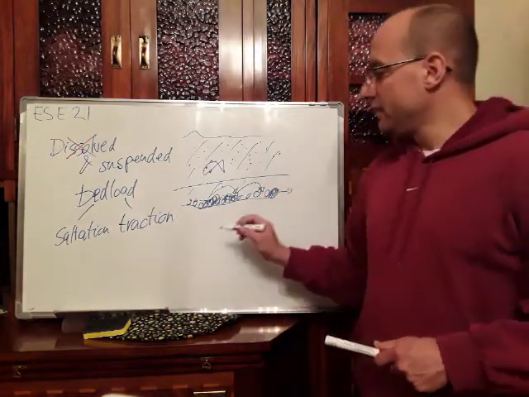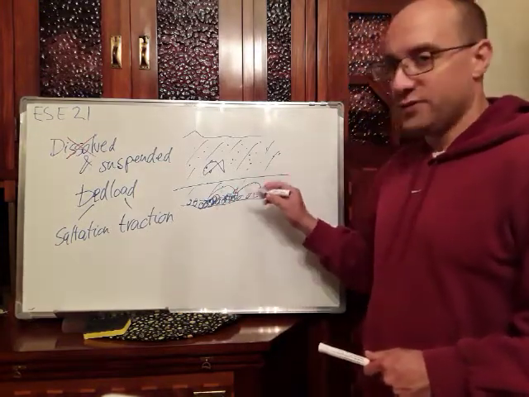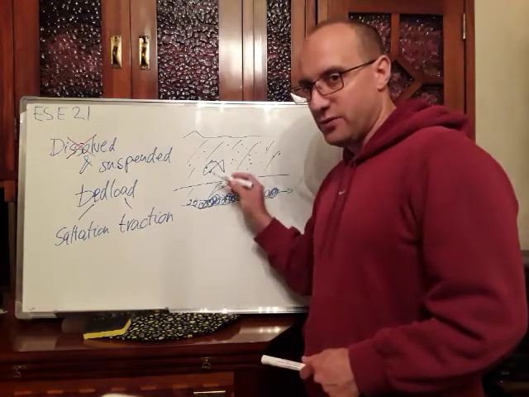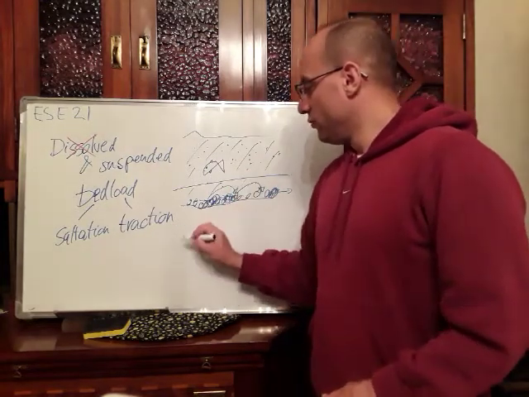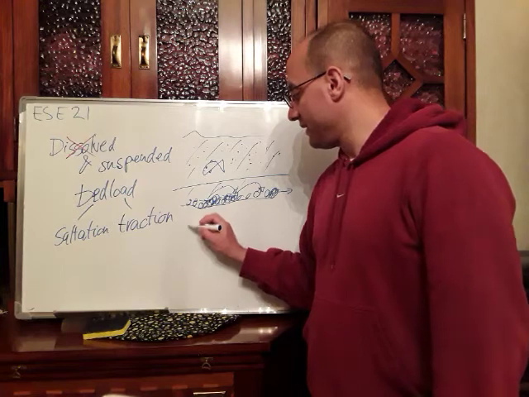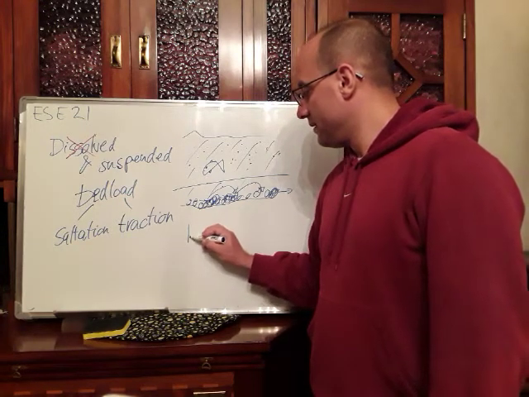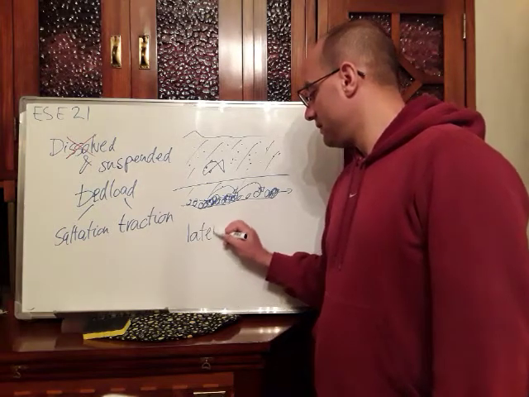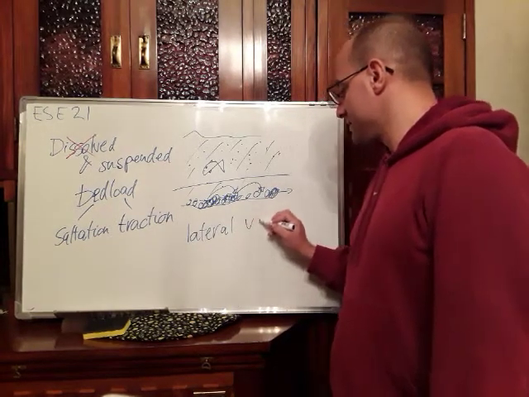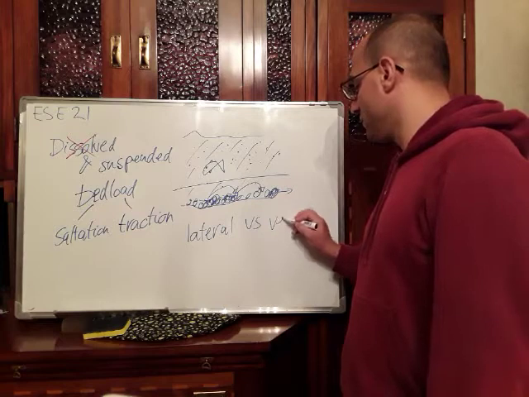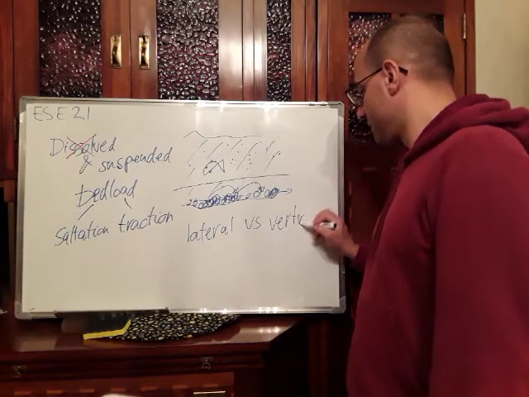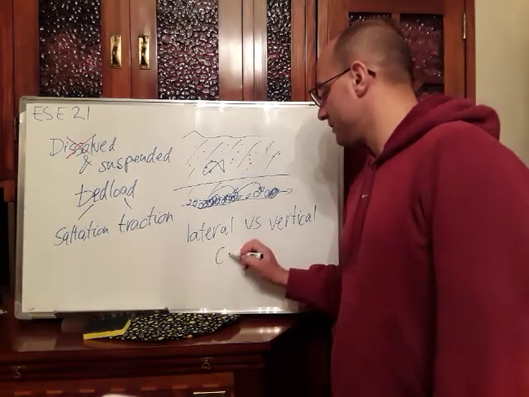So once again, we'll need to be able to divide what kind of materials are going to be used or deposited, developed in lateral versus the vertical accretion.